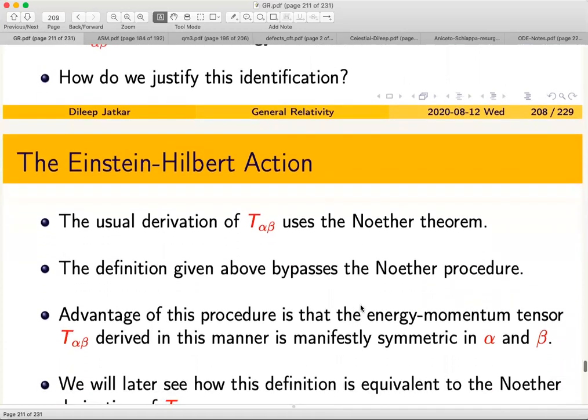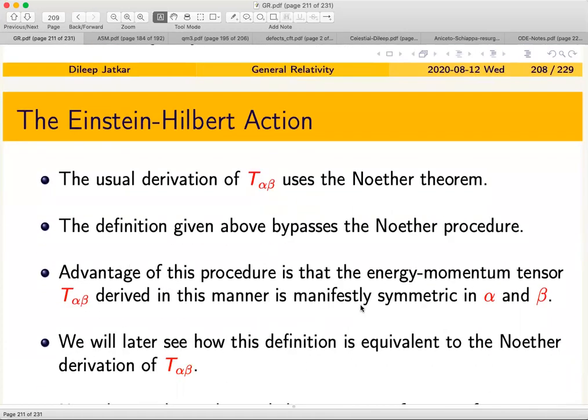The Noether theorem tells you that you make arbitrary variation, symmetry transformation, make that symmetry transformation local, find out what is the conserved current, and that conserved current is obtained by varying the Lagrangian and subtracting the original Lagrangian, trying to ask what is the difference between these quantities, and that is a conserved quantity.